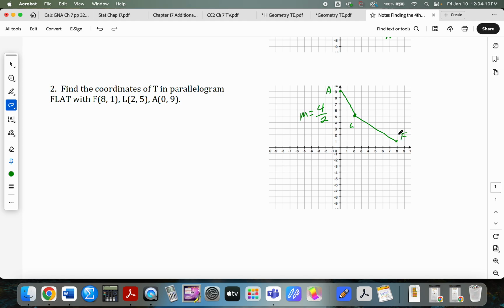So from F, we'll go up 4, and to the left 2. And that's where T is. And when you connect it, it should look like a parallelogram. So the coordinates of T are 6, 5? Is that right? Thank you.